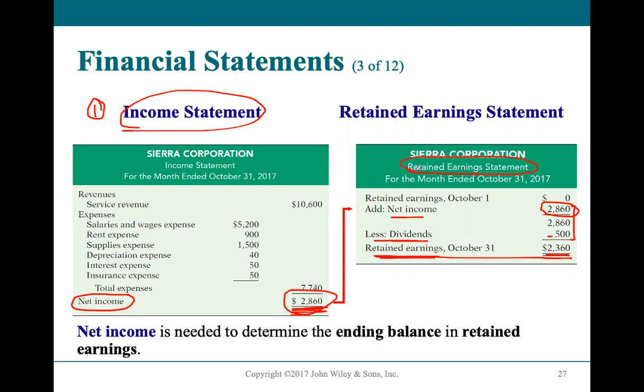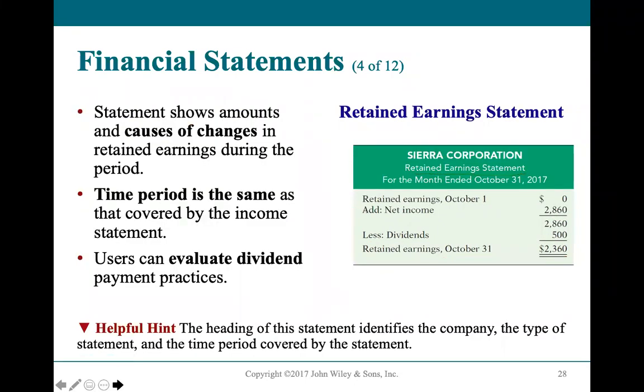And I asked you, who owns those profits? The correct answer is the stockholders, or the shareholders. So that means that the shareholders will have $2,360 of profit that's remaining for use in the next period of time.